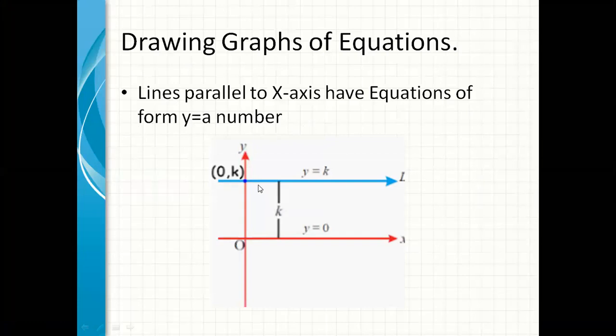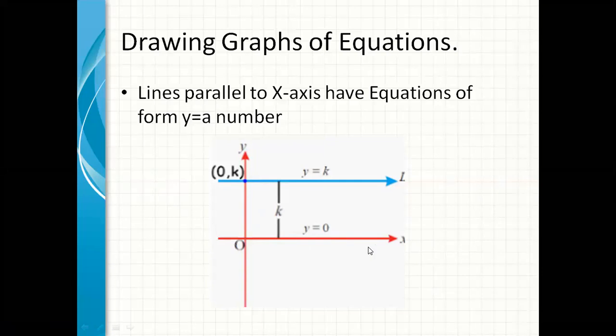Some lines on the coordinates, the axes that we know, like the red axes here, are the y and x-axis. The x-axis is horizontal and the y-axis is vertical. So any line that you see which is parallel to the x-axis has an equation in the form of y equals, okay?